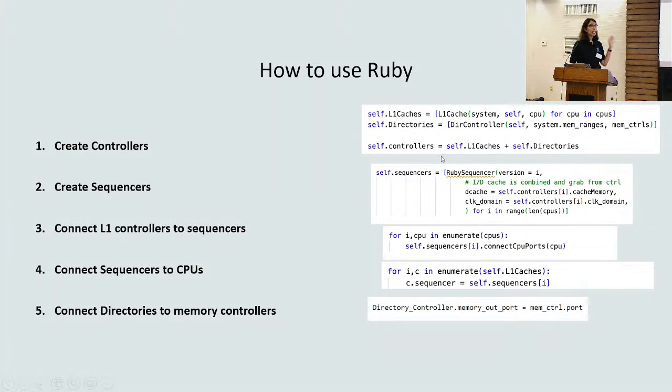You create a controller based on those L1 cache and directory controllers. You instantiate a sequencer, so the number of sequencers is the number of CPUs, which is again the number of L1 caches because they are private. And you connect the CPU at one point and your L1 cache at the other point. At the end, you connect your directory controller to your memory controller. So you might ask, how are we connecting the L1 cache to this directory? And again, we'll talk about it on Thursday.